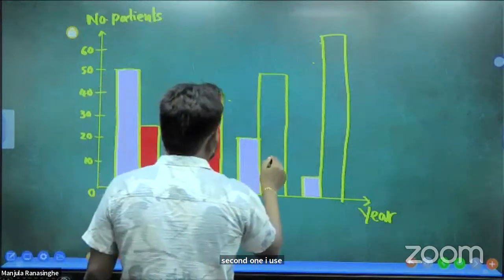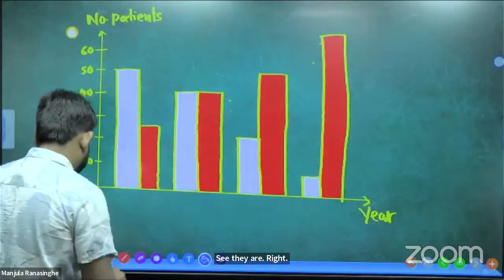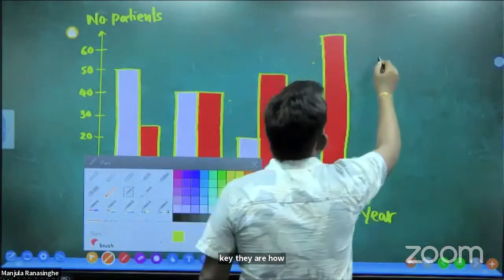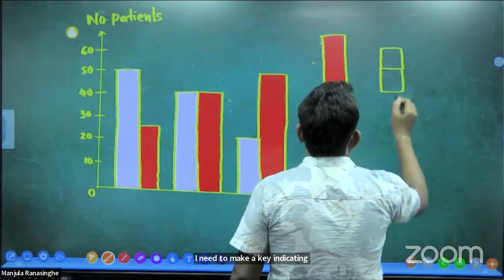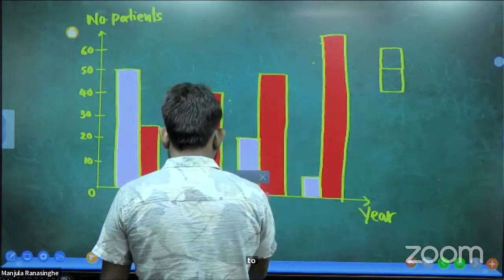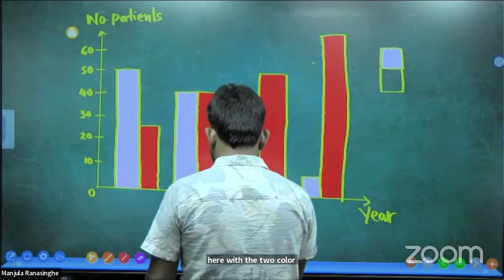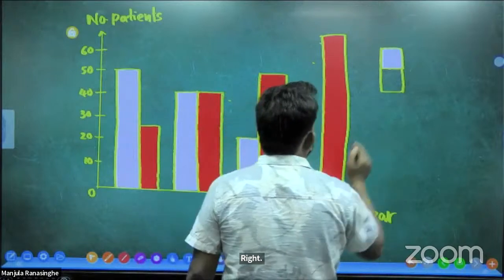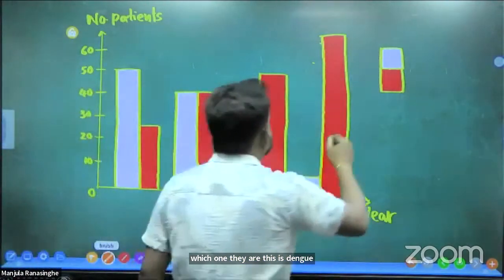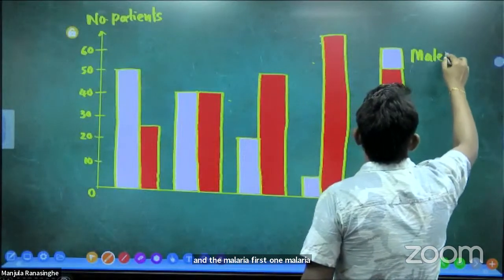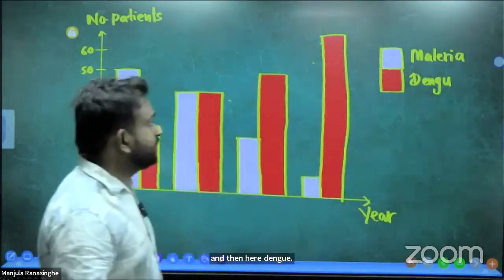Then I need to make a key indicating the two colors. The key should be specified so we know which is which: first one malaria, and then here dengue. Patients represent malaria and dengue.